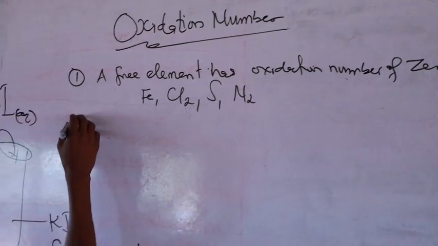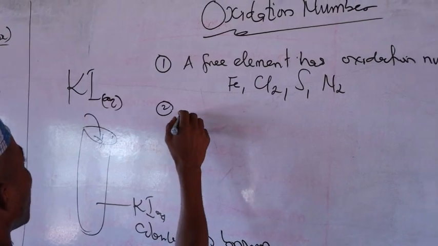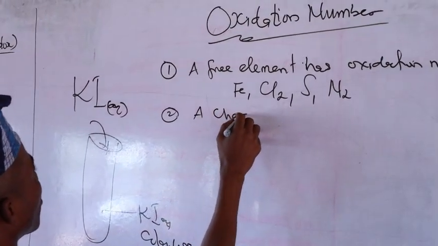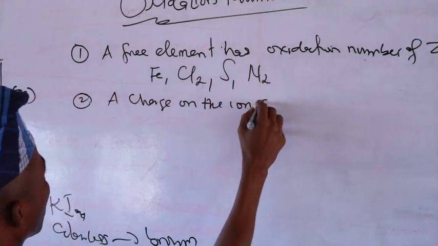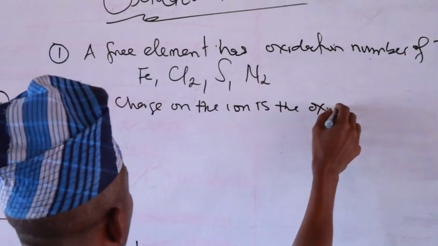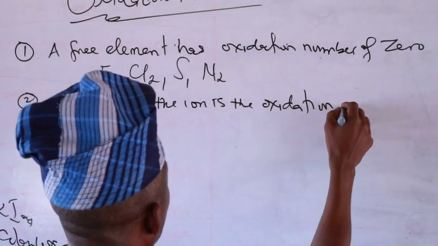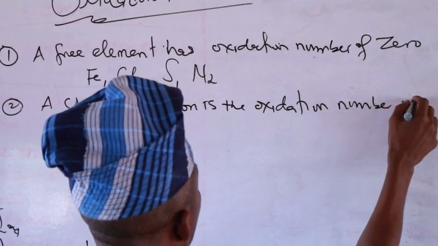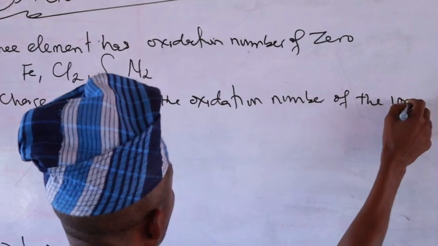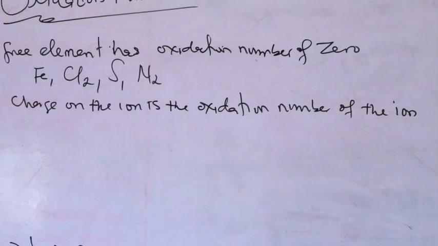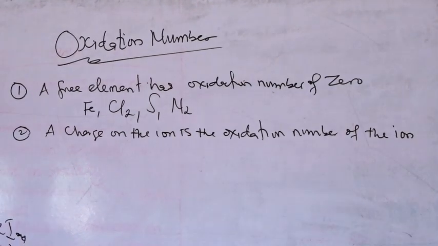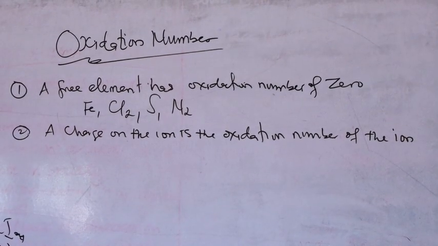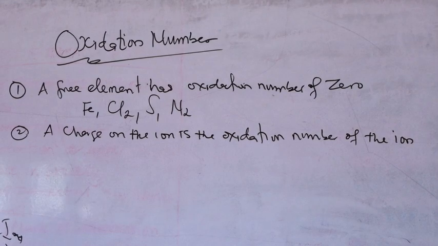So a free element has an oxidation number of 0. Rule two: the charge on an ion is the oxidation number of the ion. That means when you write an ion, it will carry an electrical charge. That electrical charge possessed by the element will be its oxidation number.